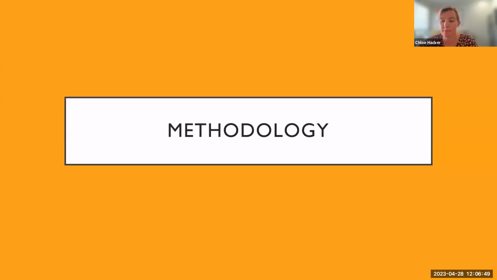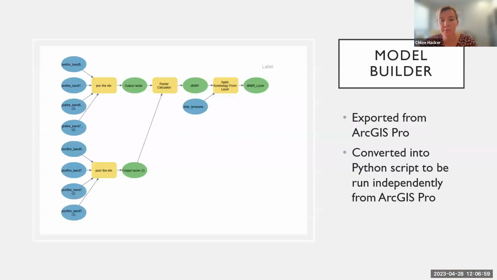So the methodology for this project, I started in ArcGIS Pro using the Model Builder tool to compute each of the values for the pre and post fire normalized burn ratio, then using those rasters to calculate the difference normalized burn ratio, so just the difference from before and after, mapping it and applying the symbology so that it was easy to read.